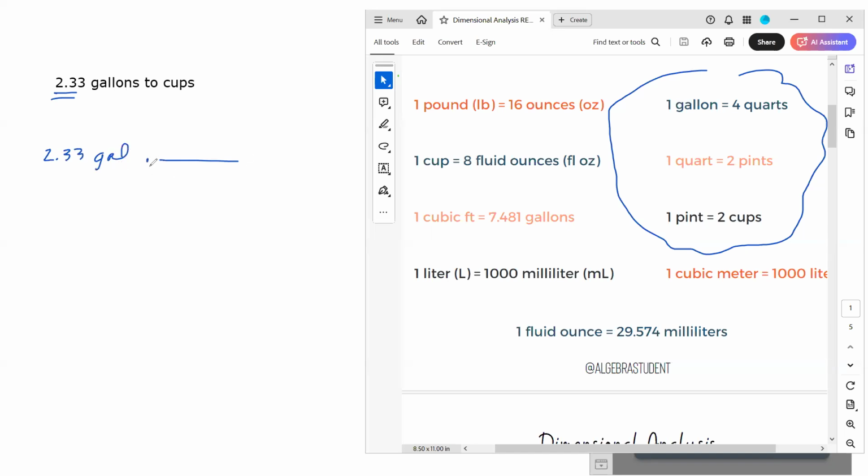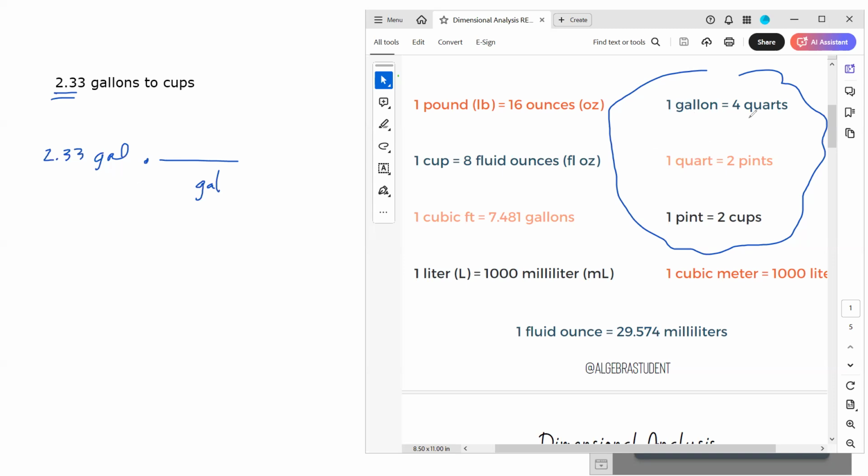You always multiply by a fraction, and you always want the gallons or whatever the word is there to cancel out. So let's see if we can figure out how to do that. Now, one thing I'll say is I keep saying always, and you won't hear me say that very often because always and never don't happen too often, but in this case, this is always how you do it.